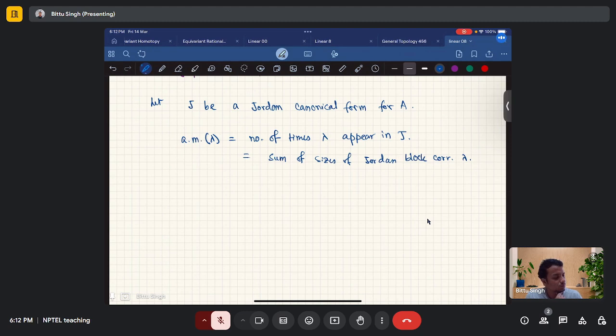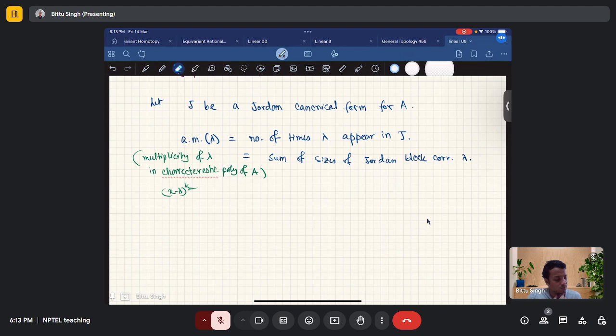So this is the same as the multiplicity of lambda in the characteristic polynomial of A. So if we factorize the characteristic polynomial, the highest degree, that is x minus lambda to the power k, that k will be the algebraic multiplicity of lambda.